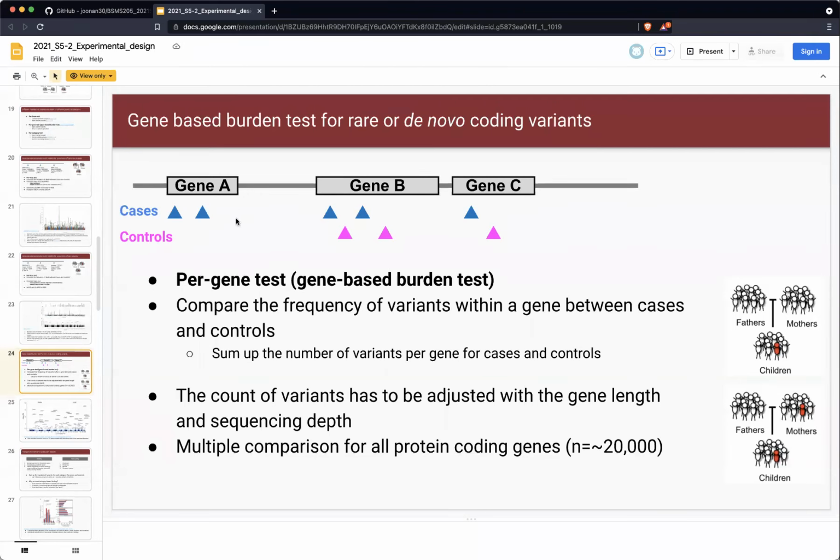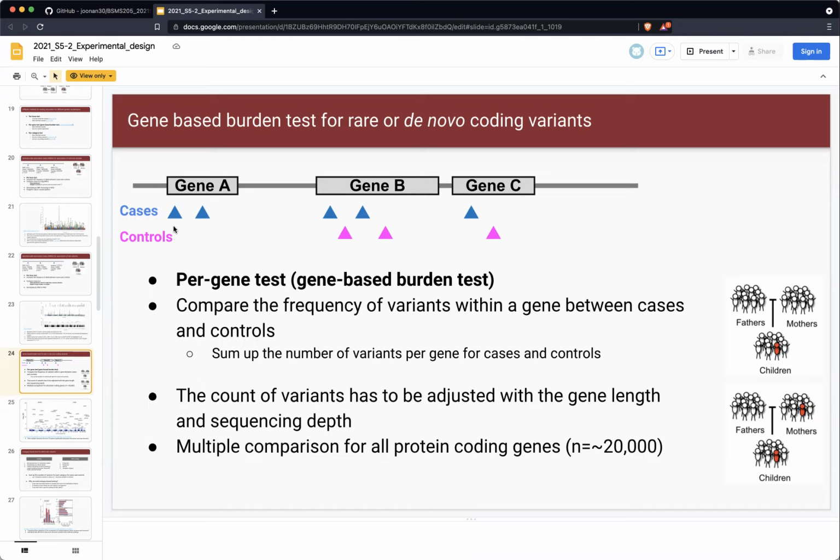So if you look at gene A, you see 2 mutations from cases and 0 mutations from controls, right? Then you can probably conclude that gene A is probably the cause of this disorder, because we see 2 mutations from cases and no mutations from controls.